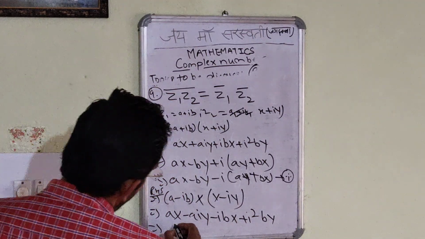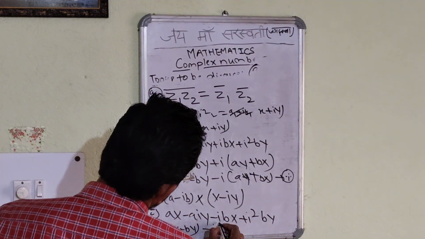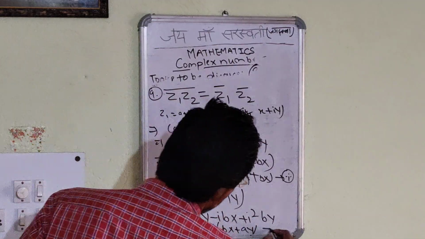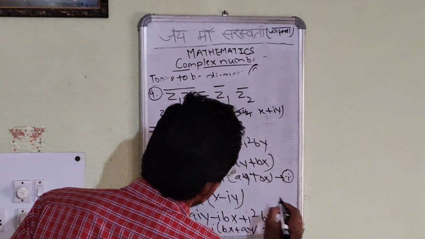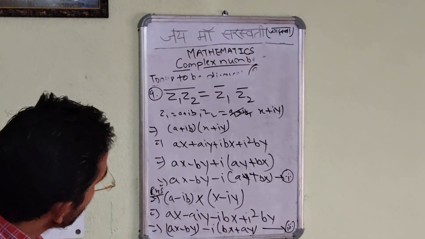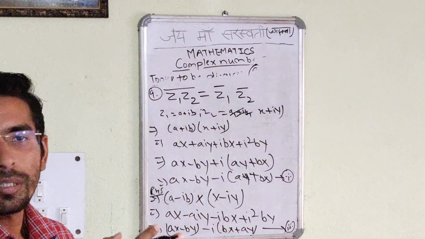So ax minus by, now taking i common, minus i times bx plus ay. We have seen these two equations, ax minus by minus i times bx plus ay. So we have seen that the LHS equals the RHS.